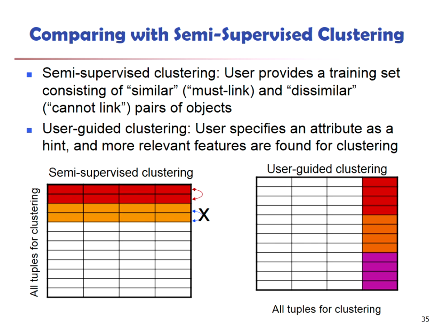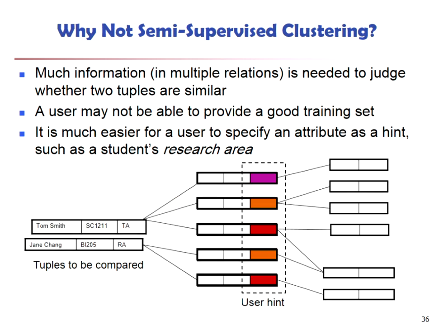Comparing with semi-supervised clustering: in semi-supervised clustering, the user provides a training set consisting of similar must link and dissimilar cannot link pairs of objects. In user-guided clustering, the user specifies an attribute as a hint, and more relevant features are found for clustering. This is a comparison between semi-supervised clustering and user-guided clustering. Why not semi-supervised clustering?